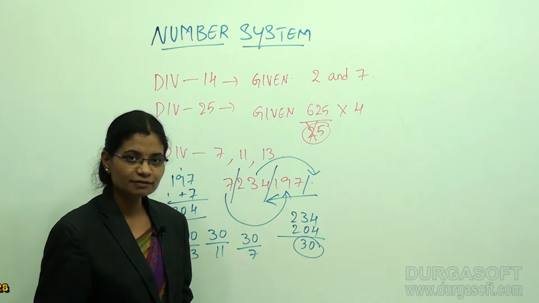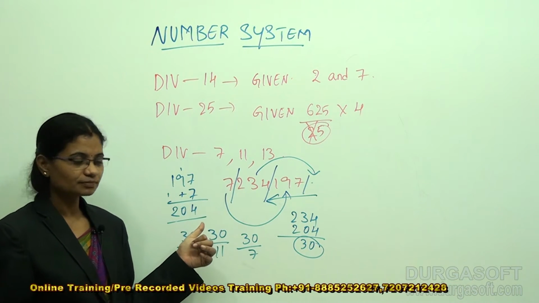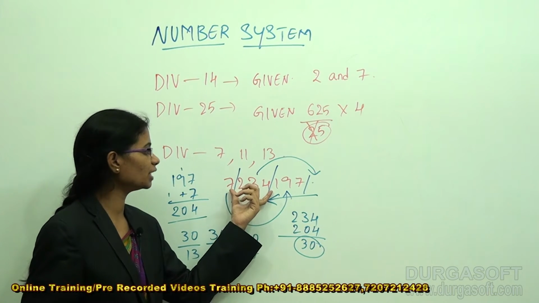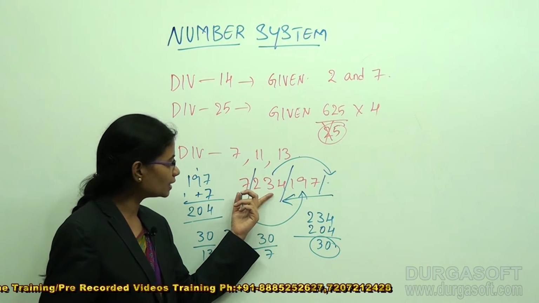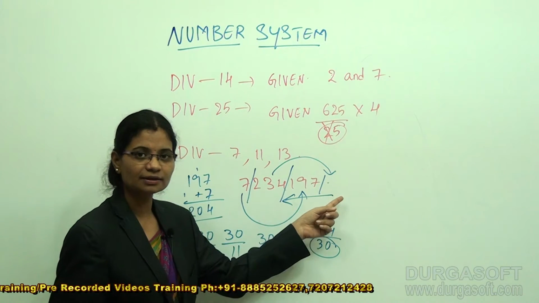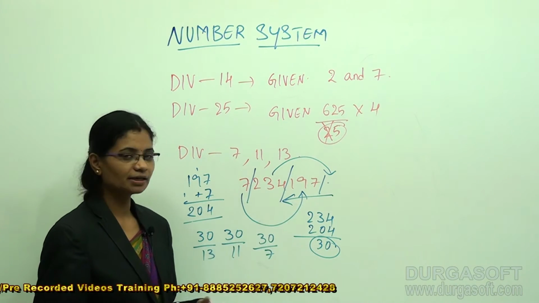Take the alternative compartments and add them first. Here I have only 2 alternatives, so I added 197 plus 7, and I don't have any other number to add, so I left it like that.